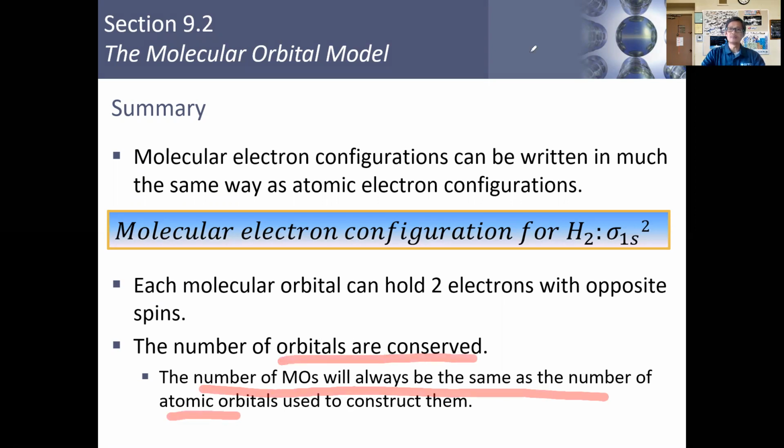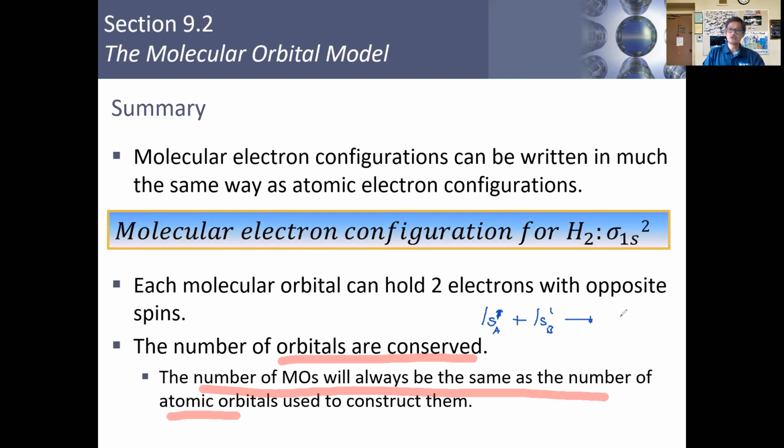What does that mean? If we take a look at this, for the sigma 1s orbitals, we have a 1s orbital from one atom, and this is hydrogen atom one, and we combine that with the 1s orbital from a second atom, atom B, and this would be two hydrogen atoms.